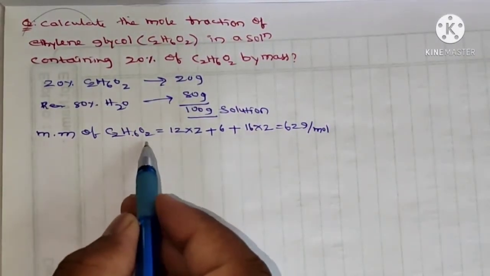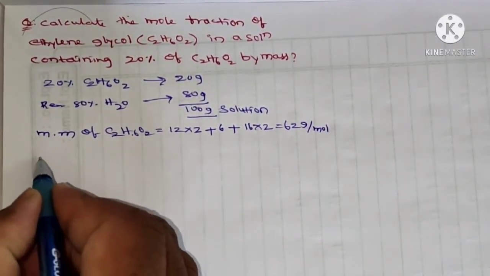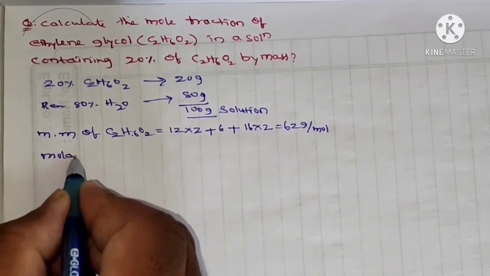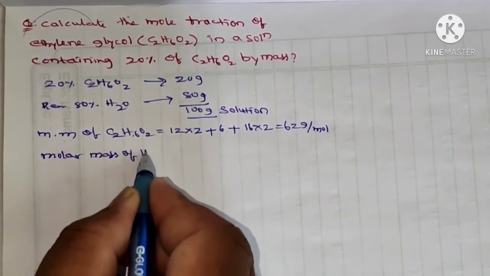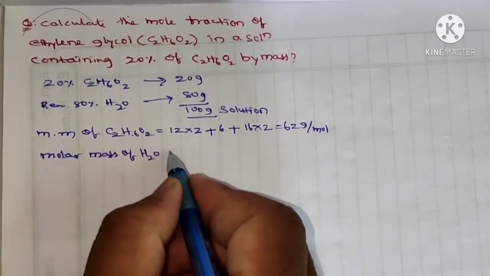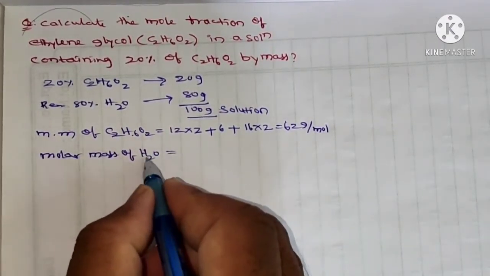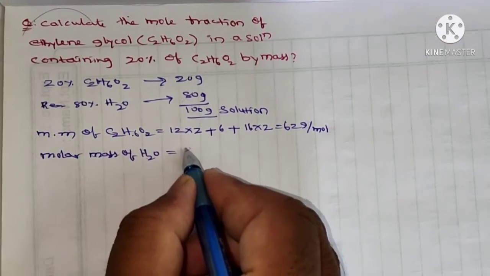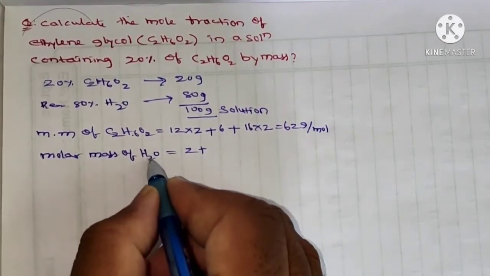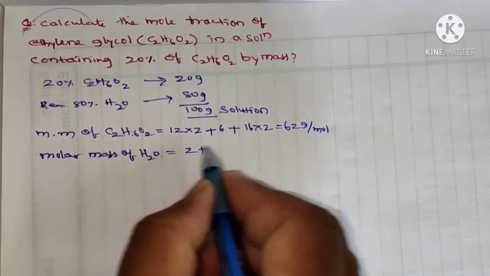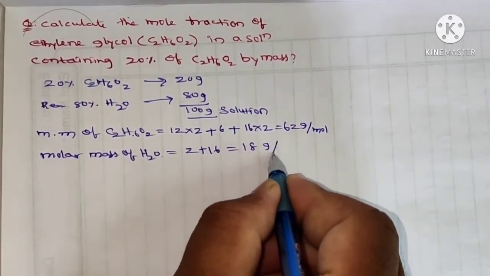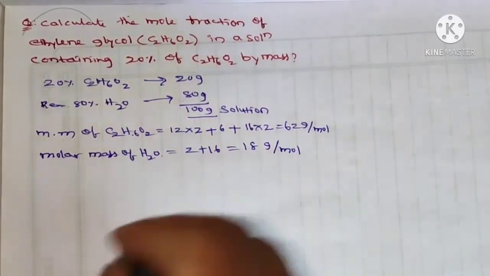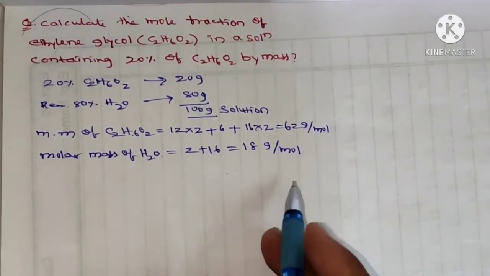This is the molar mass of ethylene glycol. And the molar mass of water: hydrogens 1 into 2, plus 1 into 16, is equal to 18 grams per mole. So this is the molar mass of water.